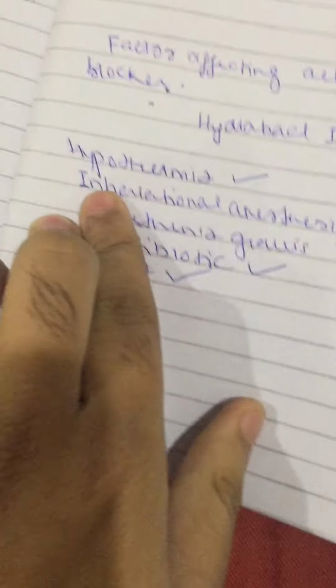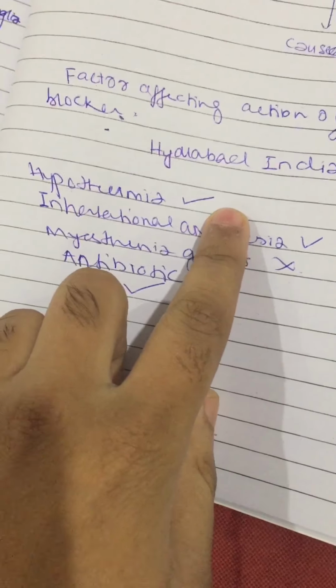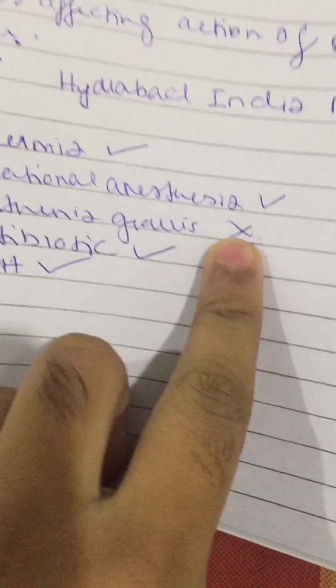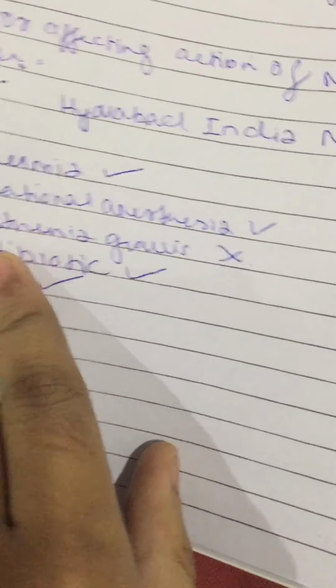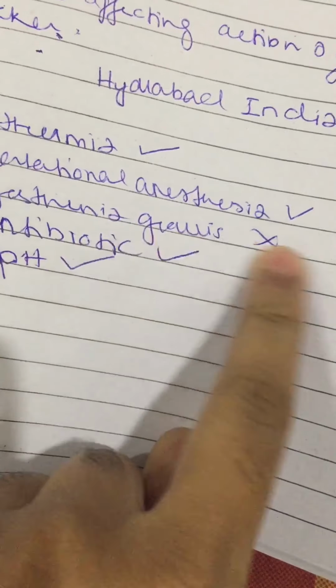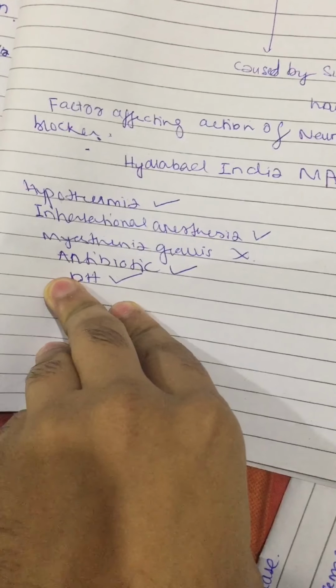Hyderabad: hypothermia increases the action of the neuromuscular blocker. Inhalational anesthesia increases. Myasthenia gravis reduces, and antibiotic increases, and if the pH is less, it's going to increase the potential effect. What are the factors affecting the neuromuscular blockers? They are Hyderabad India map.